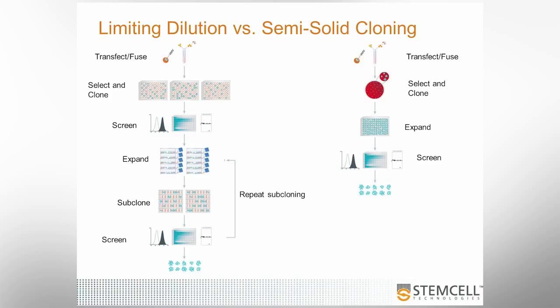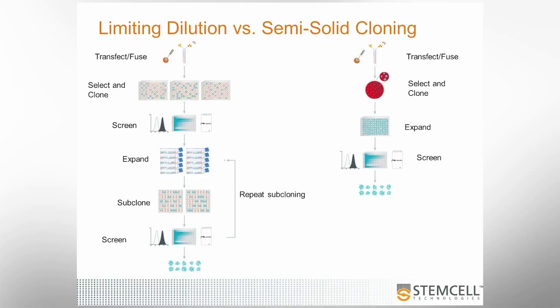You then screen those cultures to identify the ones that are producing your product of interest, expand the interesting cultures for subcloning, and then each subcloning step is accompanied by a screening step to, again, identify the cultures that you want to carry forward for the next round of subcloning. The subcloning, expansion and screening is repeated until you have a high enough probability of monoclonality to meet the requirements of your project.